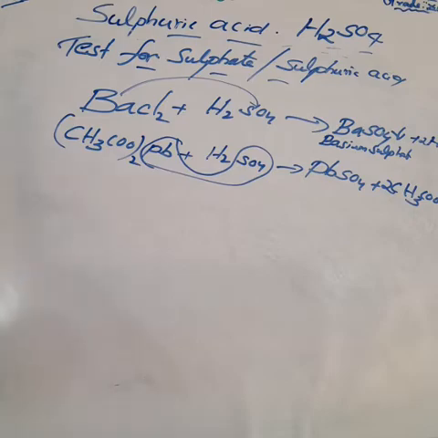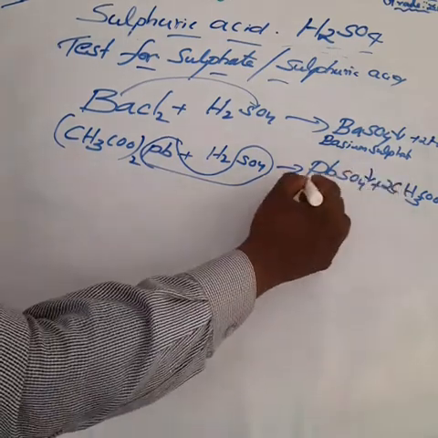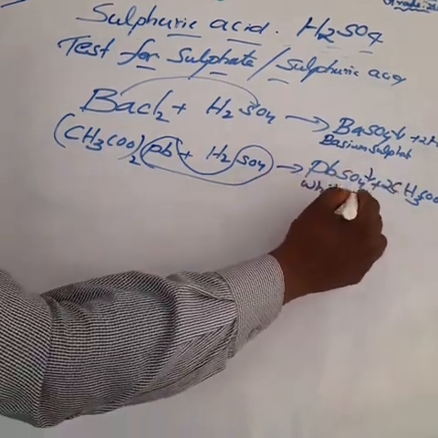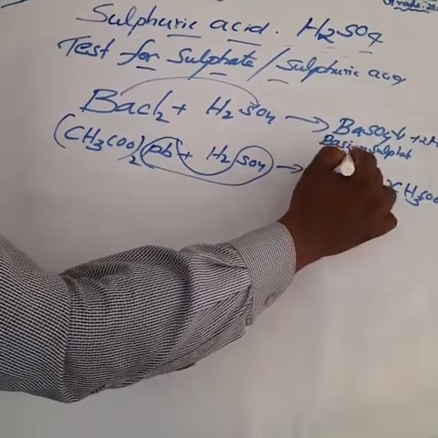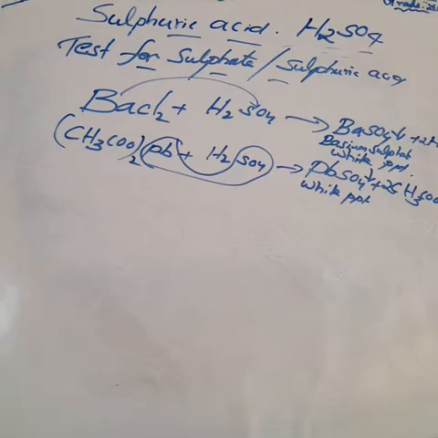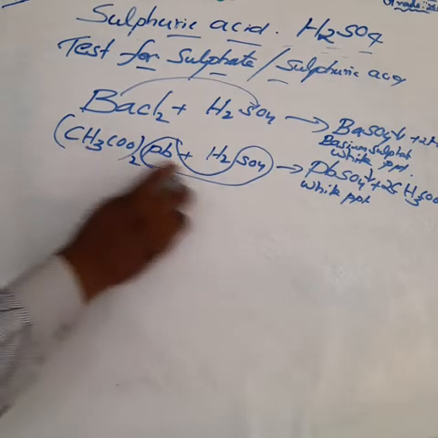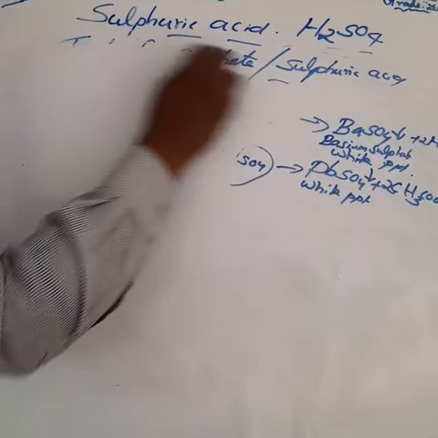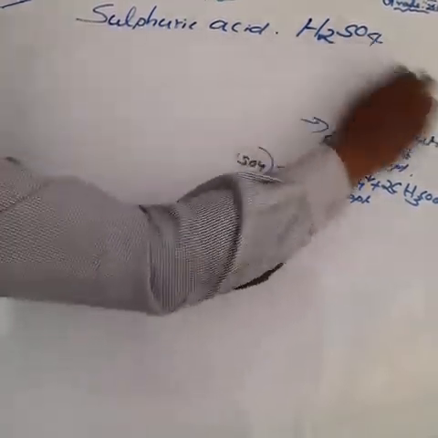Lead sulfate is also a white precipitate. So to identify the sulfate radicals present in the salt, test for sulfate. Don't forget that. We get 2 products: barium sulfate, a white precipitate, and lead sulfate, a white precipitate.